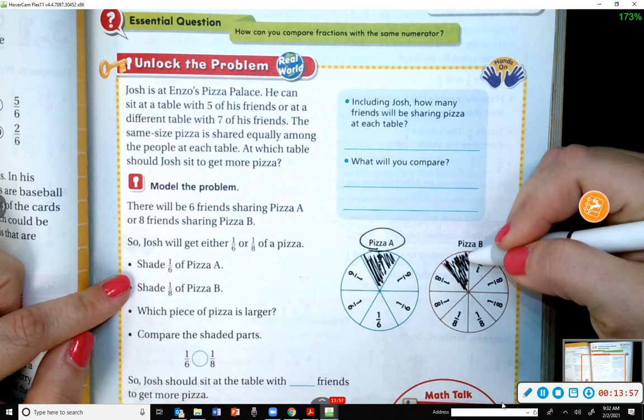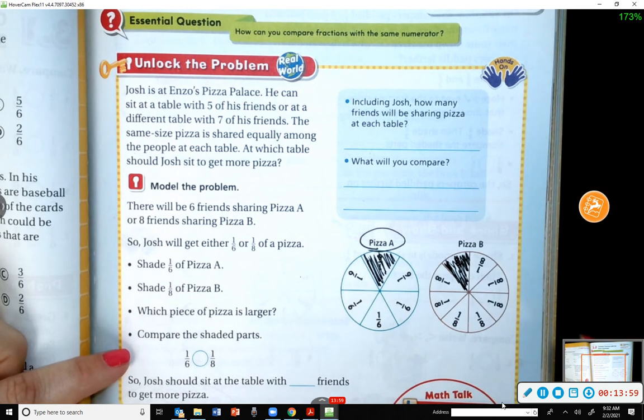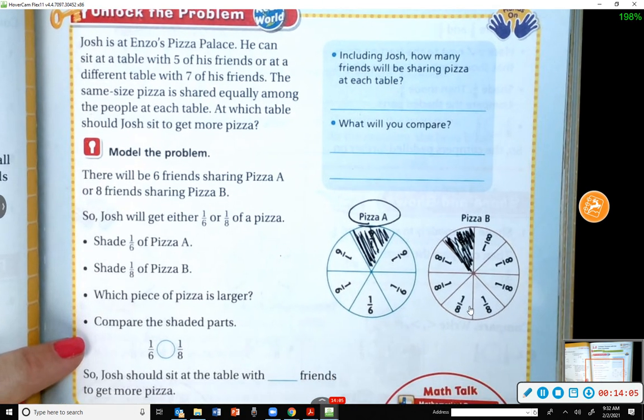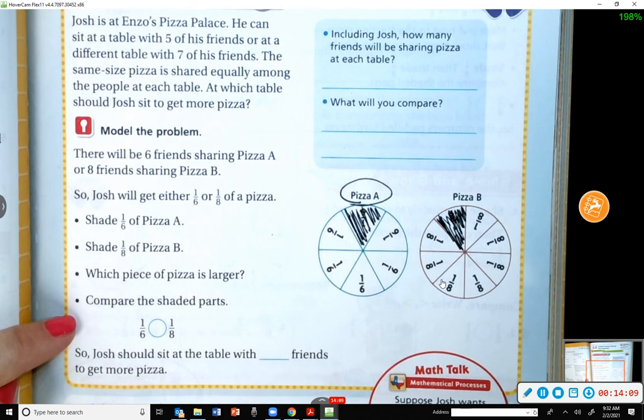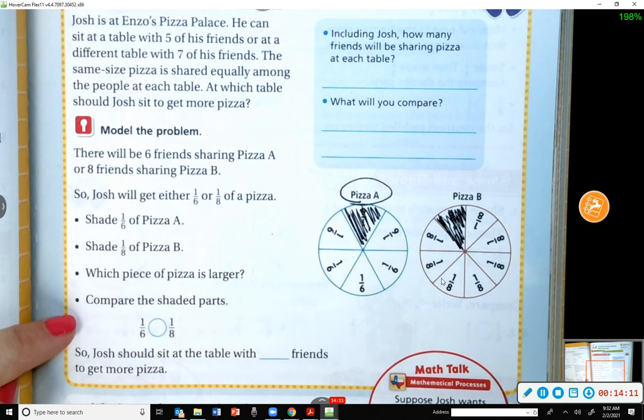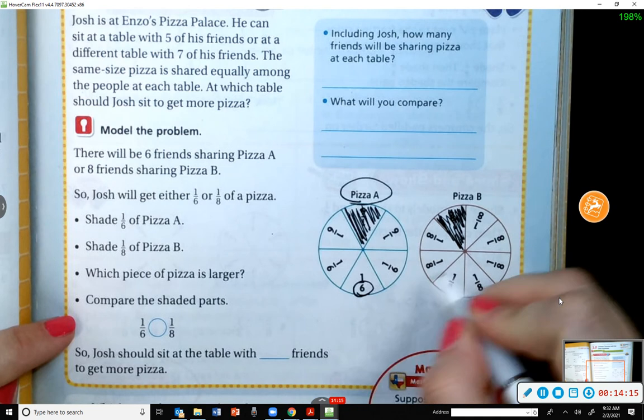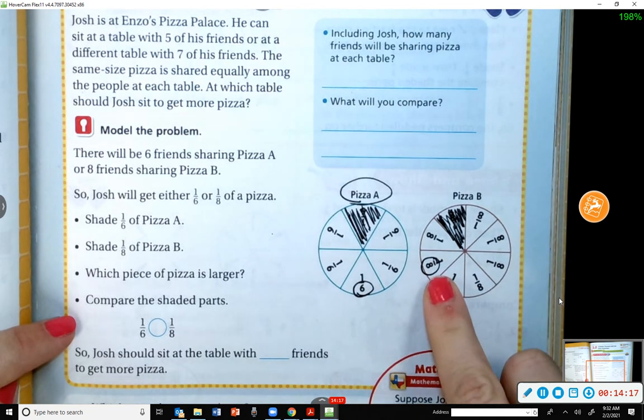Ooh. Kelsey? They both have a numerator of 1 on top. Good, the numerators are the same, denominators are different. What did we just write in our notes about the denominator? If it's bigger, then that means the pieces are actually smaller.